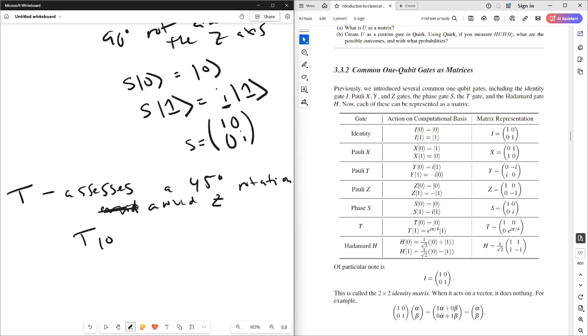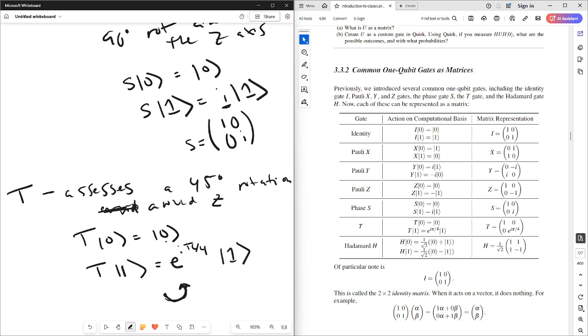So again, state 0 is left untouched. The amplitudes are not affected. And for state 1, our amplitude is going to be affected by e raised to the power of i pi over 4. We're rotating our amplitude around the circle, the surface of the Bloch sphere, by 45 degrees.